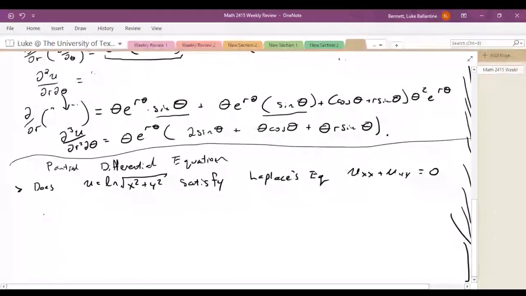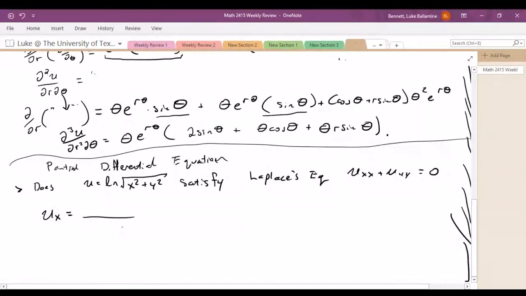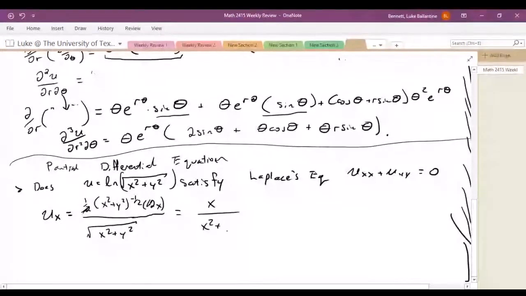Taking the first partial of u with respect to x, we get one over the square root of x squared plus y squared, and then the derivative of the inside, which is 1/2 times x squared plus y squared to the negative 1/2 times 2x. The 2's cancel, and we have x over x squared plus y squared.